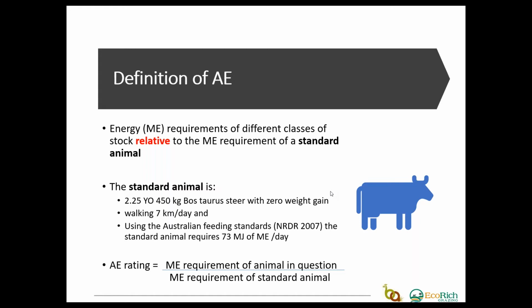But what we've found, and I'll go through this a bit more, is that if we use the same equations for either the calculation down the bottom there, the ME requirement of the animal in question and the ME requirement of the standard animal, if we use the same equations, either original or modified, the result is immaterially different.